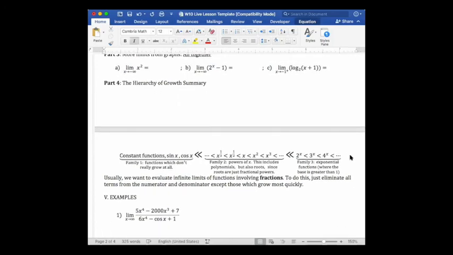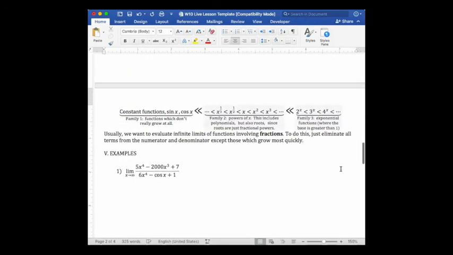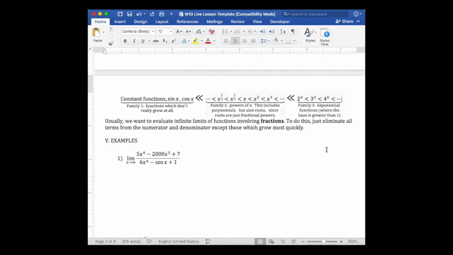And I've got this right here, which I want you to copy down into your notes. It's at the top of this page here. What I have is 3 families of functions. In the first family, these are the slowest growing functions. They're functions which don't really grow at all. We have constant functions like 5 or 12 or 7.